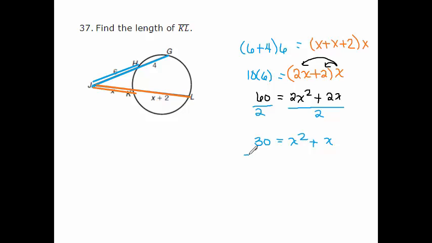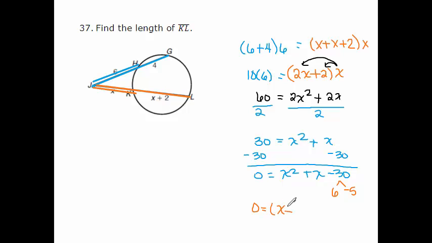And of course, I'm going to subtract the 30 on both sides so that I have everything set equal to 0. So x squared plus x minus 30 equals 0. And I choose to factor this. You could use the quadratic formula if you'd like. But the factors of negative 30 that add to give me positive 1 are a positive 6 and a negative 5.